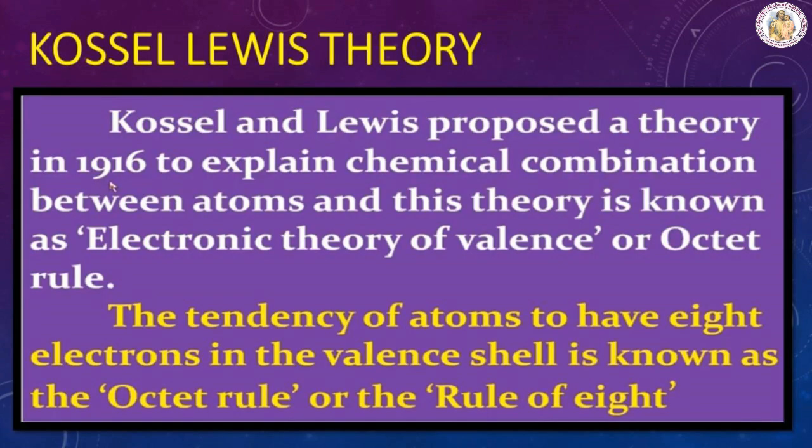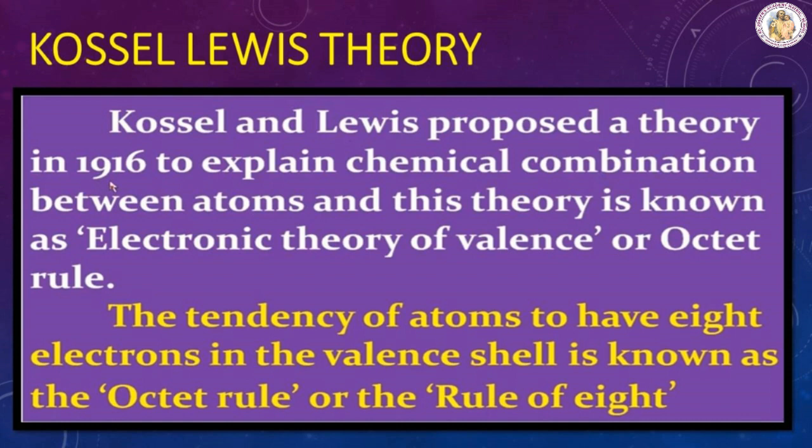So, Kossel and Lewis proposed a theory in the year 1916 to explain chemical combination between atoms, and this theory is known as electronic theory of valency or octet rule.